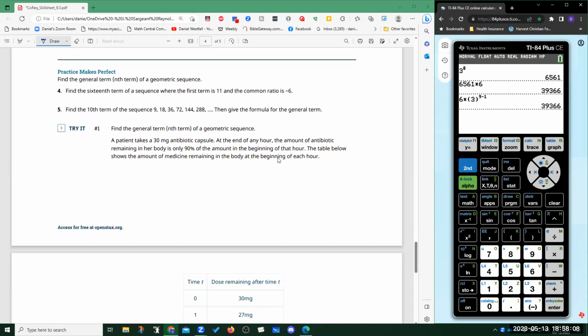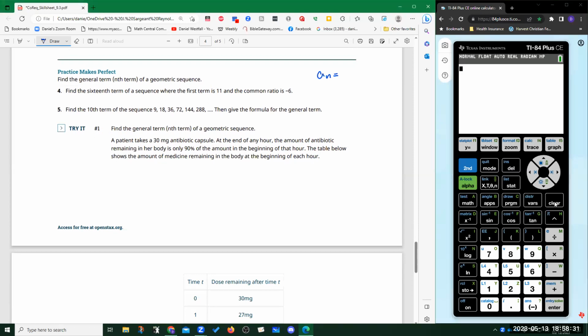Let's practice a little bit more here. Let's find the 16th term of the sequence whose first term is 11, and the common ratio is -6. So for the 16th term, we want a_n is equal to a_1 times r to the n minus 1.